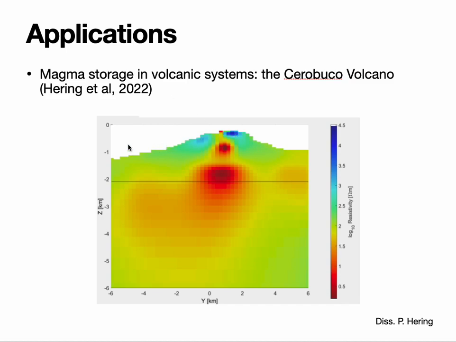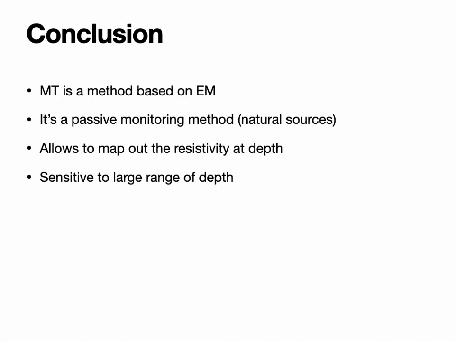And basically on this picture, you see a map of resistivity with depths and the different regions below the volcanic edifice may represent regions where the magma is being stored at depths. So, as a conclusion, MT is a method which is based on EM.